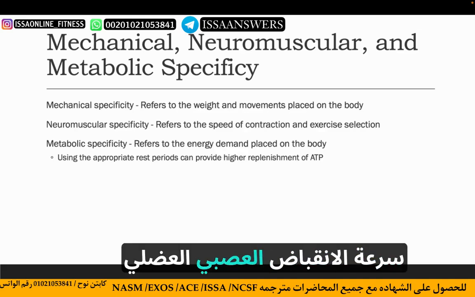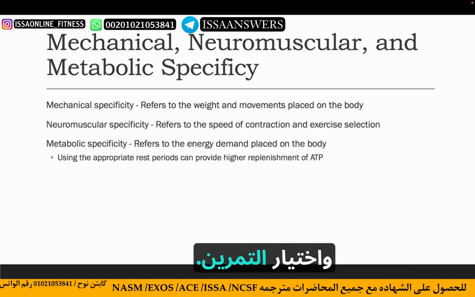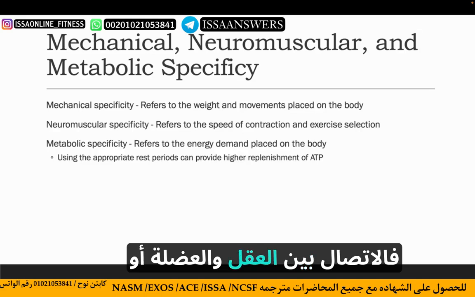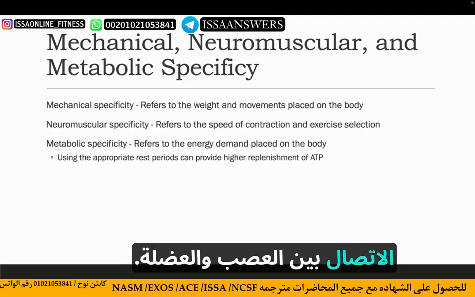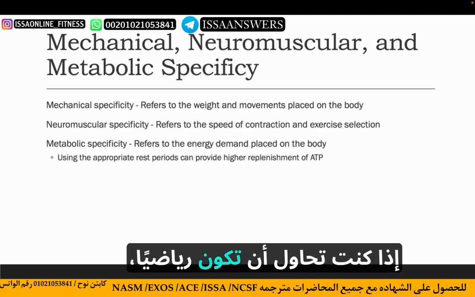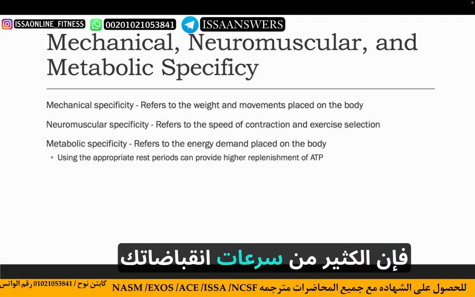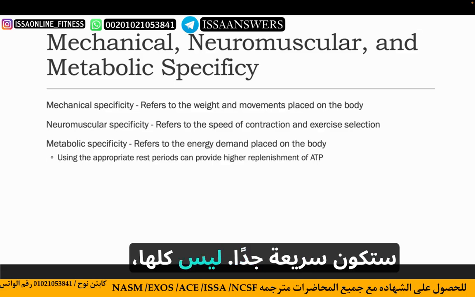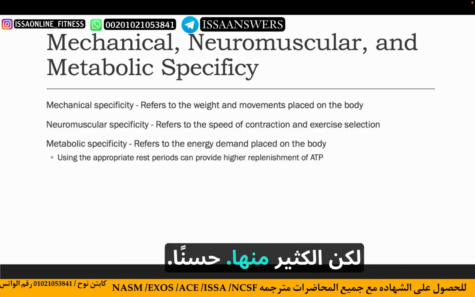Neuromuscular, speed of contraction, and the exercise selection. So the mind-muscle connection, or the nerve-muscle connection, we're talking about specificity. If you're trying to be an athlete, a lot of your speed of contractions are going to be very rapid. Not all, but a lot of them, okay?